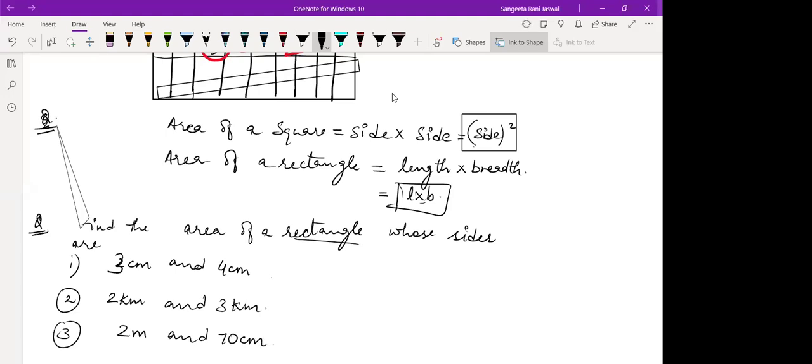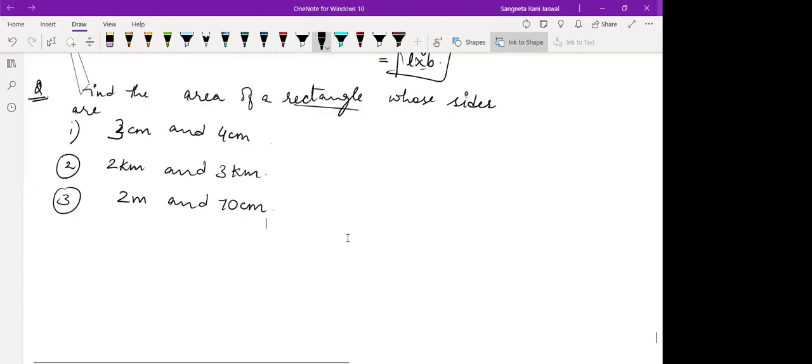Ma'am, statement sums, ma'am. Not much of a statement. Just write the formula and take it. No, ma'am, it's not a statement sum.